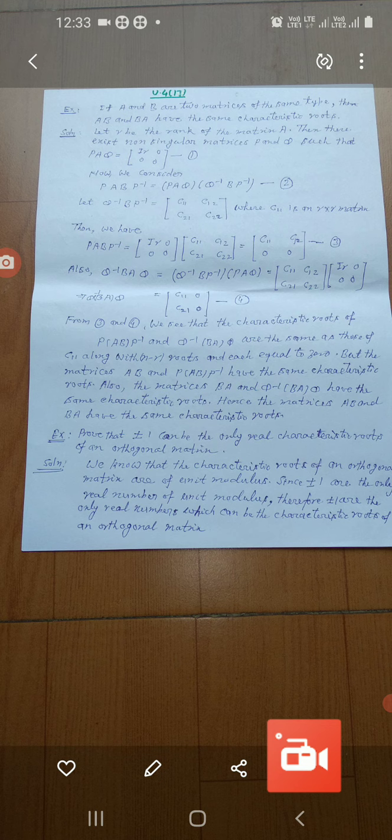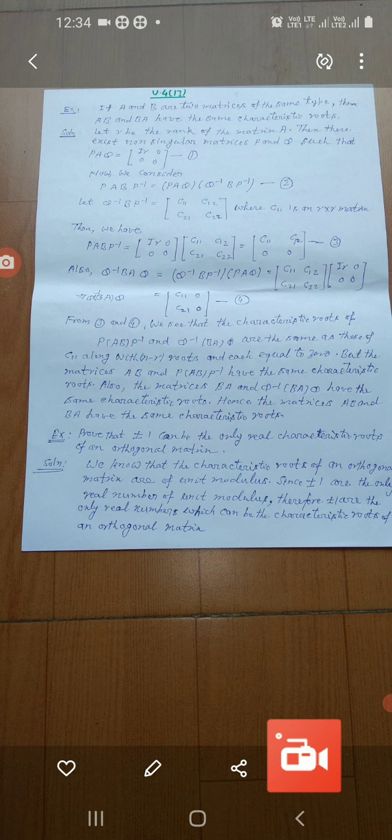We know that the characteristic roots of an orthogonal matrix are of unit modulus. Okay, and since plus minus 1 are the only real numbers of unit modulus, therefore plus minus 1 are the only real numbers which can be the characteristic roots of an orthogonal matrix.